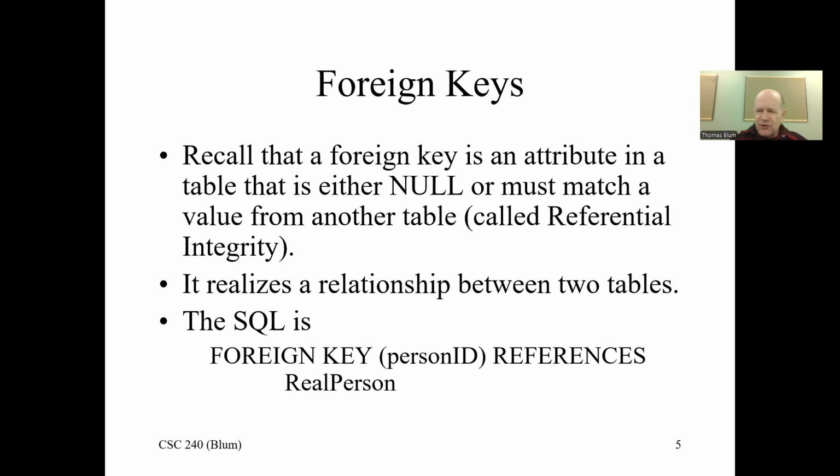We also have certain attributes that play the role of foreign key. So we can have a relationship between two entities, and we can establish this relationship, especially if it's a one-to-many relationship, by having a foreign key in one table match typically the primary key in another table.